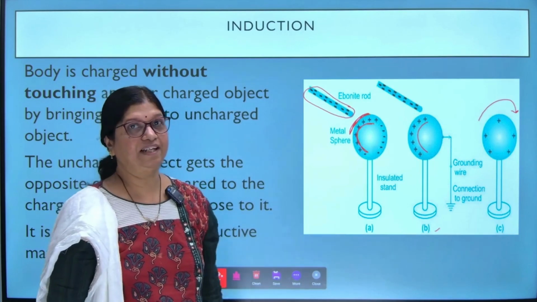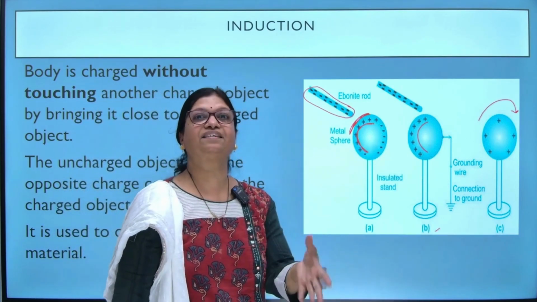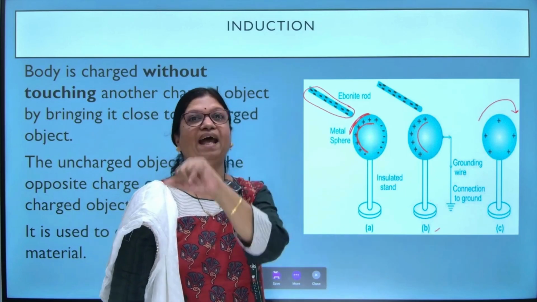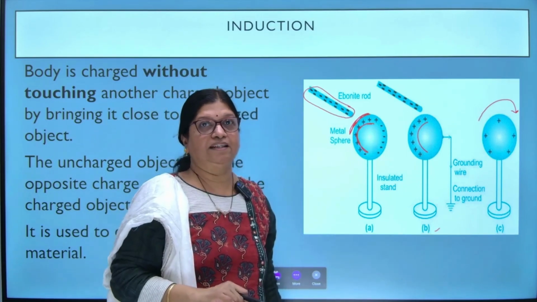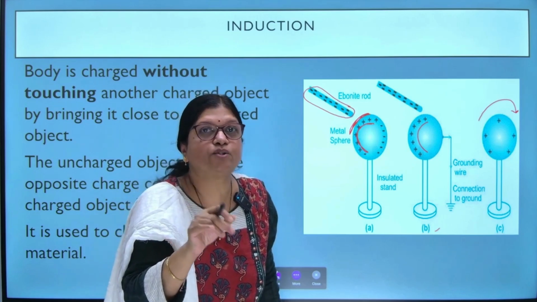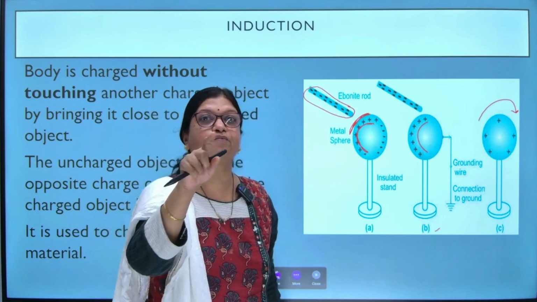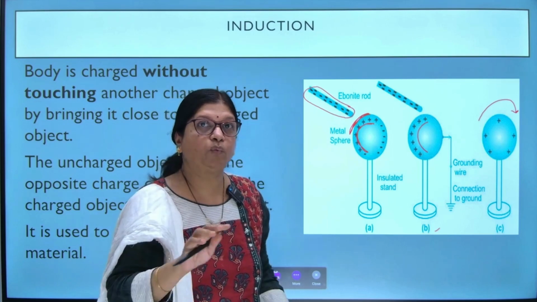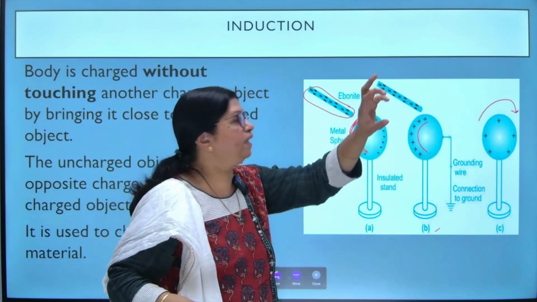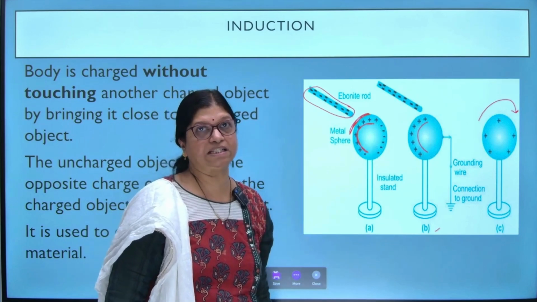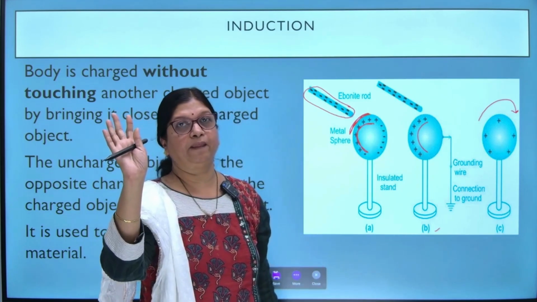Why? Because this metal sphere is a conductor. A conductor has the property of allowing charges to move around on the surface of the body once the charging is over. So the charges are uniformly distributed around the metal sphere.